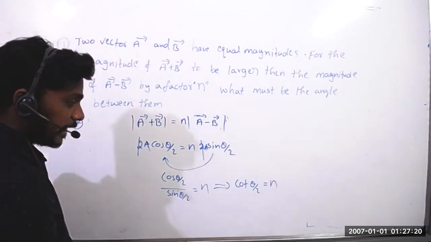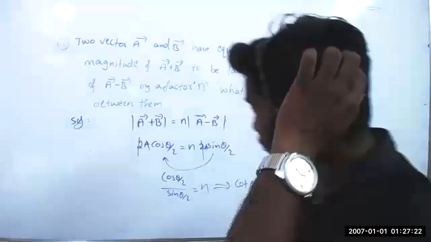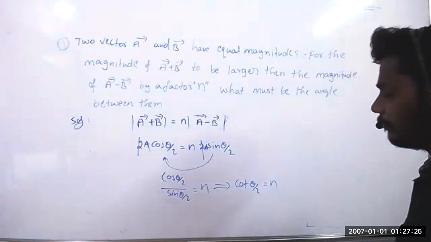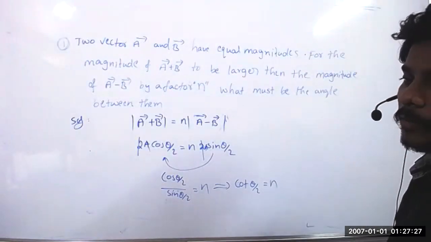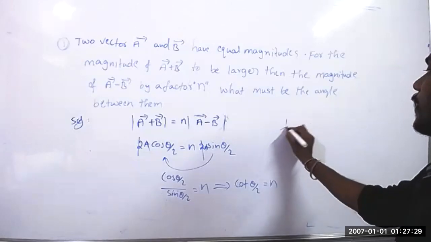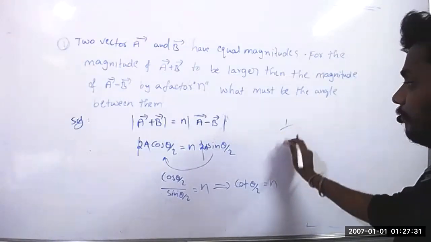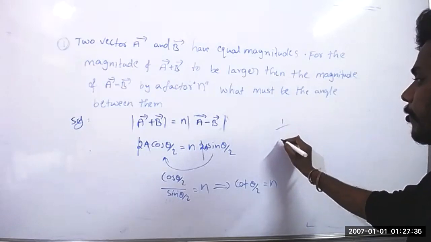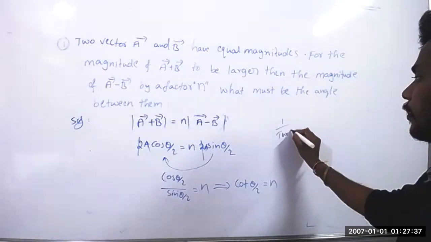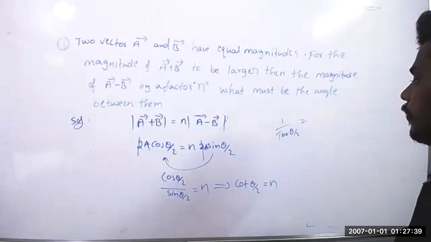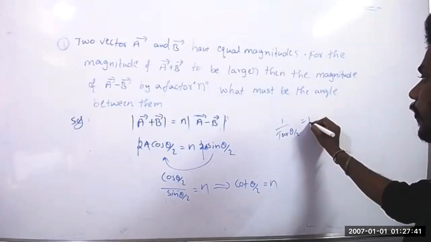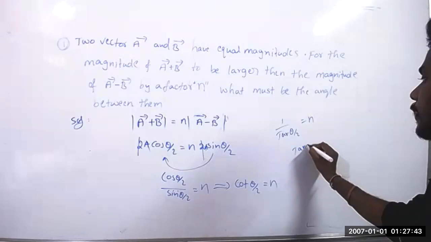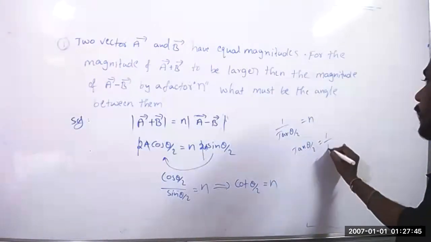Yes, sir. Say this in terms of tan theta. 1 by cot theta means 1 by tan theta by 2. Cot theta by 2 equal to n means tan theta by 2 equal to 1 by n.